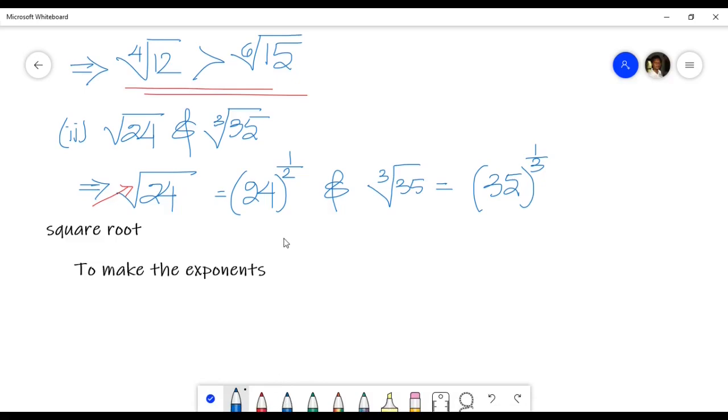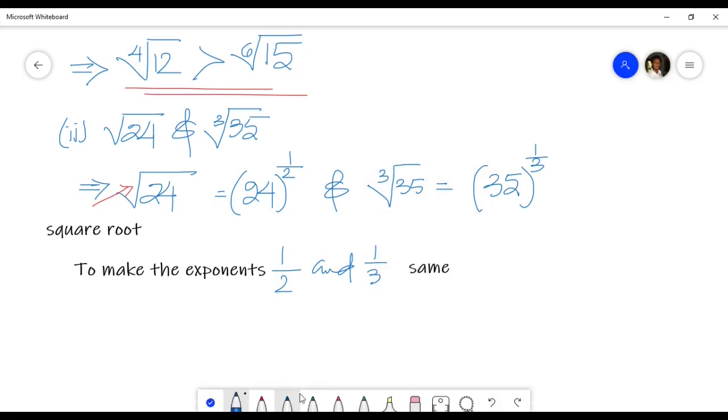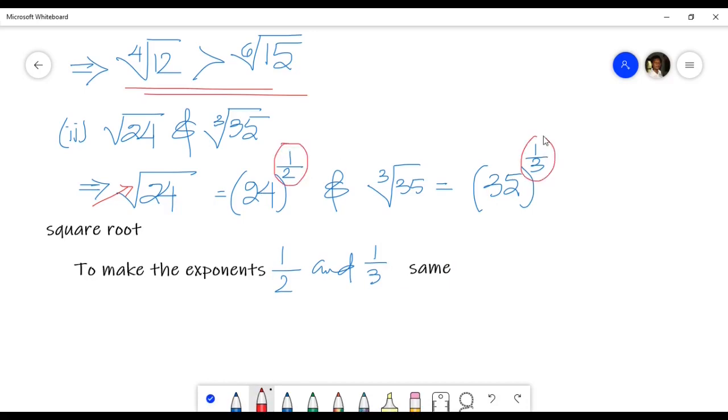So what do we have to do? We have to make the exponents same. Let me just write it down for you. 1/2 and 1/3, we will make these two exponents same. Or we can say we'll make these two fractions same, because these are fractional exponents. And how do we make them same? It's very simple.